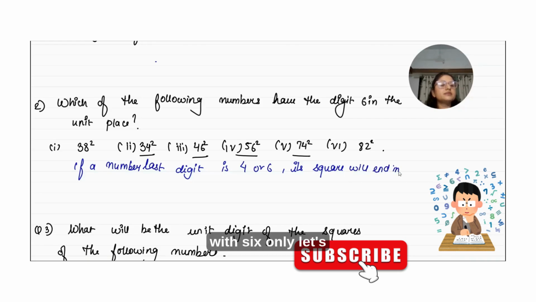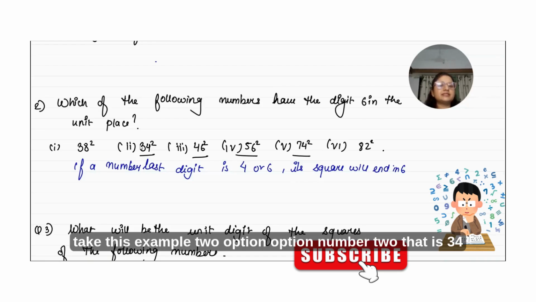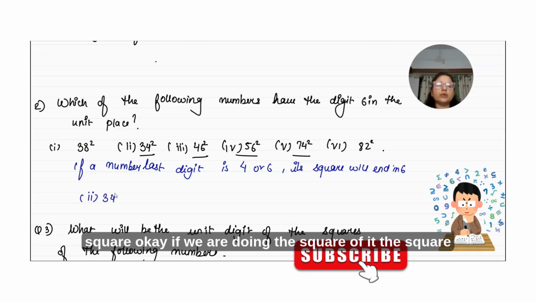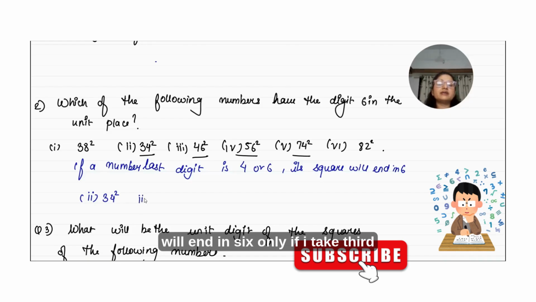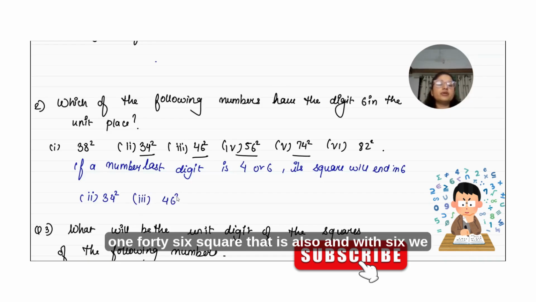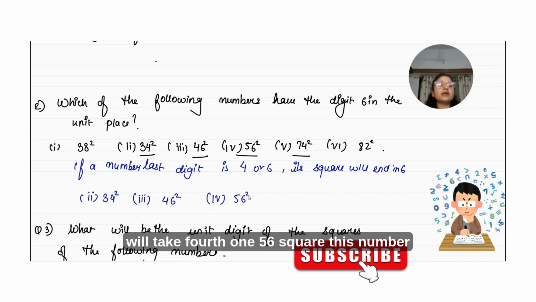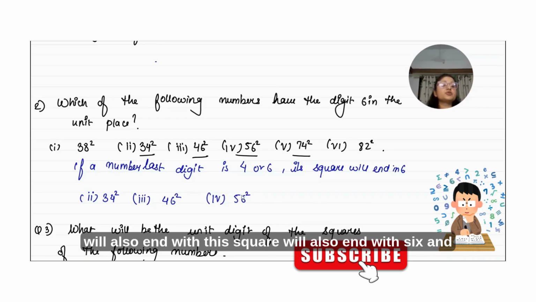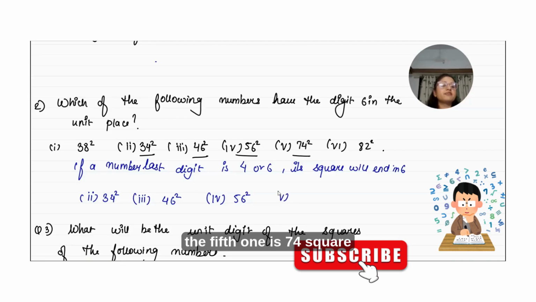Option number 2, 34 square: the square will end in 6 only. The third one, 46 square, also ends with 6. The fourth one, 56 square, will also end with 6. And the fifth one, 74 square, will have 6 in the units place.